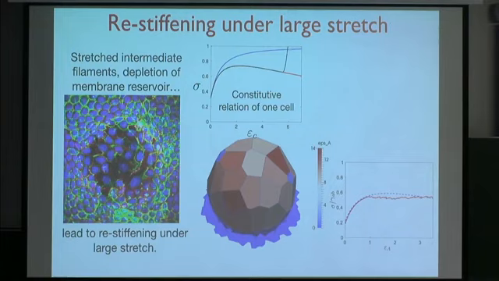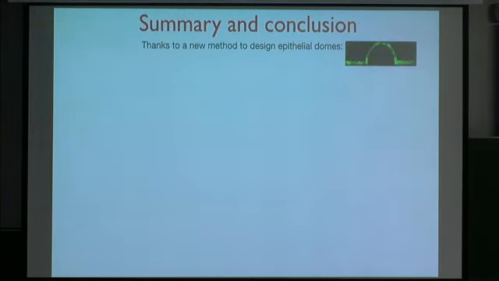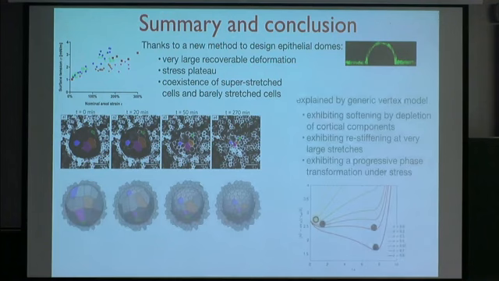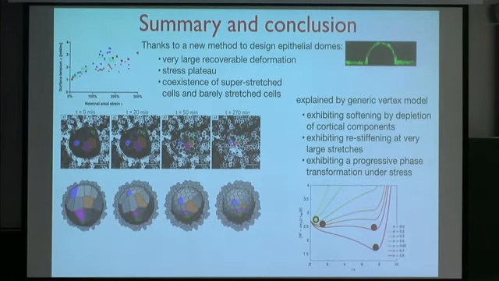So to summarize, thanks to this new method to design epithelial domes, we have observed very large recoverable deformations, a stress plateau, and the coexistence of these superstretched and barely stretched cells. And this can be explained by this generic vertex model that exhibits softening due to depletion of cortical components, and restiffening. In fact, if you look at the energy landscape of this model, you have this two-well structure that appears under tension.